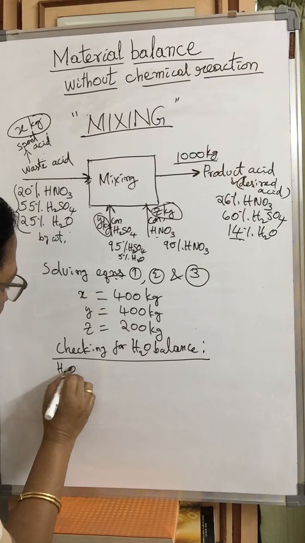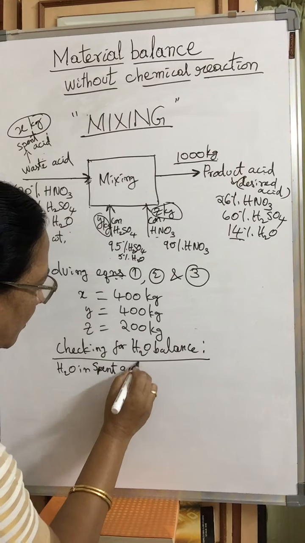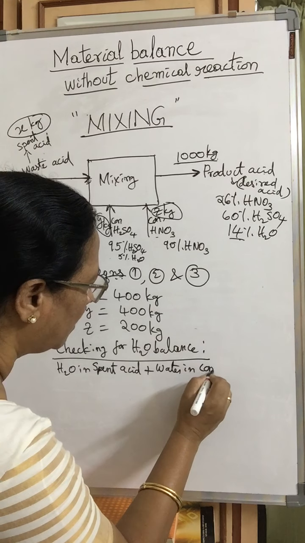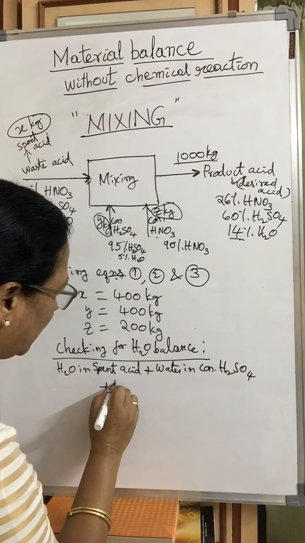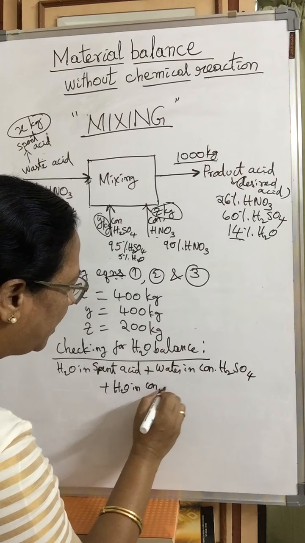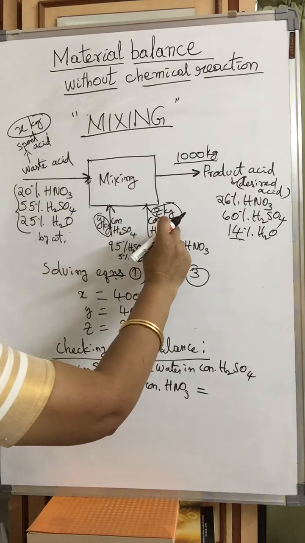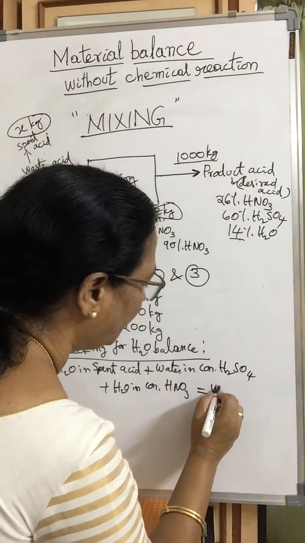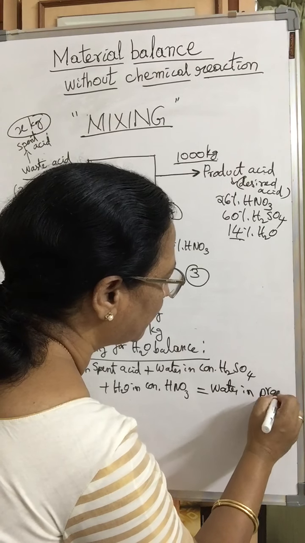So water in spent acid plus water in concentrated H2SO4 plus water in concentrated HNO3, in all the 3 water is there, is equal to water in product acid.